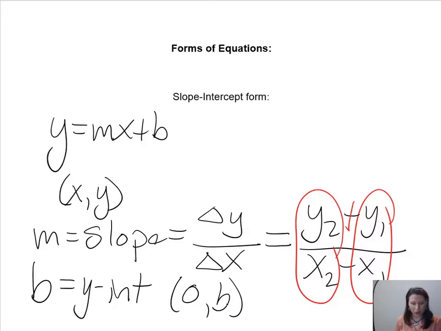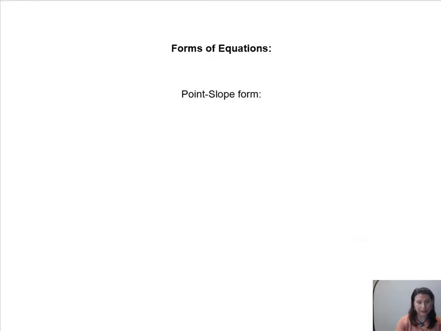Okay, so after slope-intercept form, we have then point-slope form. Point-slope formula is a little bit longer, but in some cases it's actually simpler and easier to use depending on what types of information you're given.